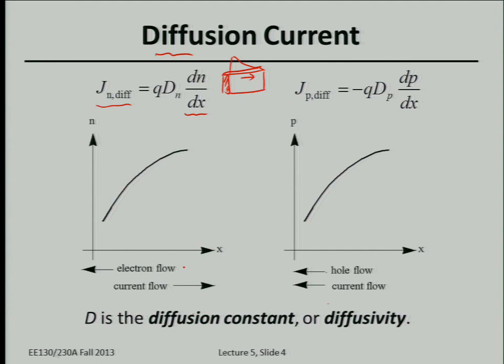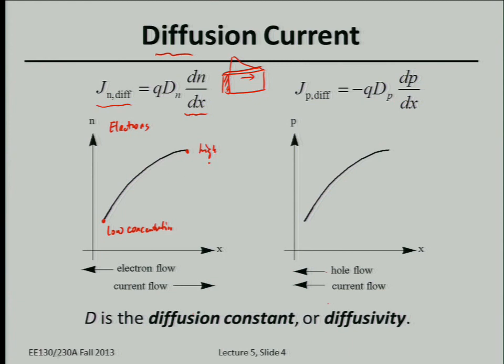I'm going to use the cases of electrons and holes to explain this formula. Let's first look at the case of electrons. For example, say I have a non-uniform electron concentration versus space, along the x direction. This position is relatively low concentration, and the other end has a higher concentration of electrons, okay?